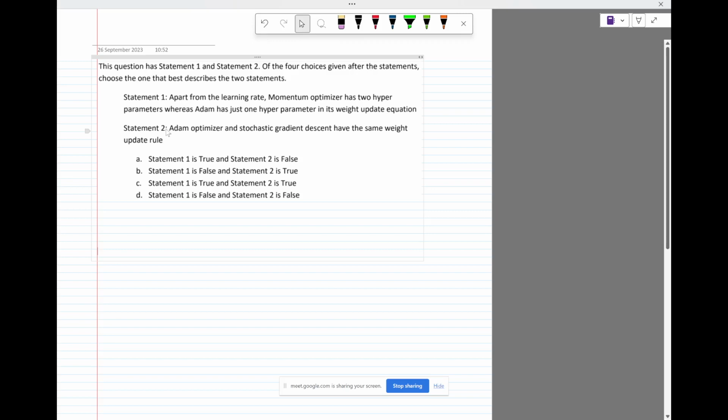Again we have two statements and we have to say which one is false and which one is true. Apart from the learning rate, the momentum optimizer has two hyperparameters, whereas Adam just has one hyperparameter in its weight update.